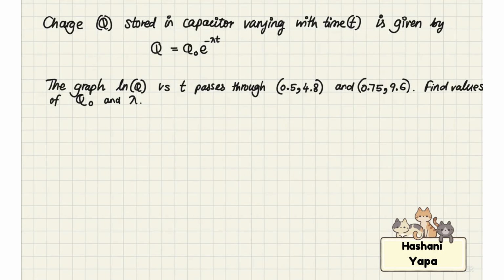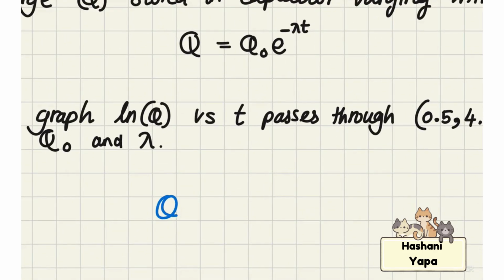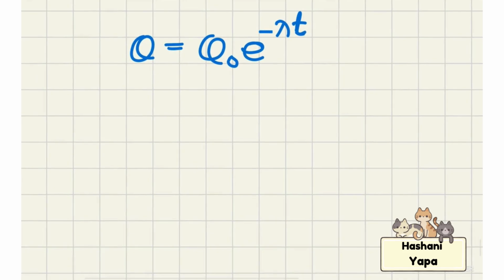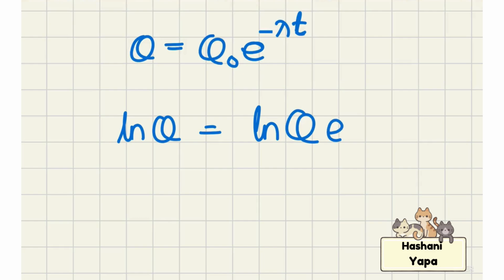So let's write it down. q equals q naught e to the power minus lambda t. Let's change the format. So we can write ln on both sides. ln q equals ln of q naught e to the power minus lambda t.